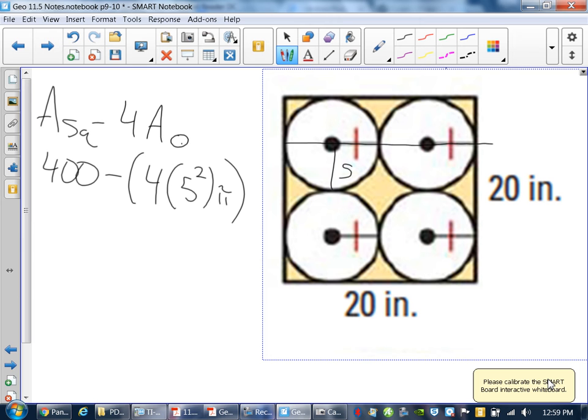What's 5 squared? Times 4. 100. So your area would be 400 subtract 100 pi square inches. And that would again be my exact answer.